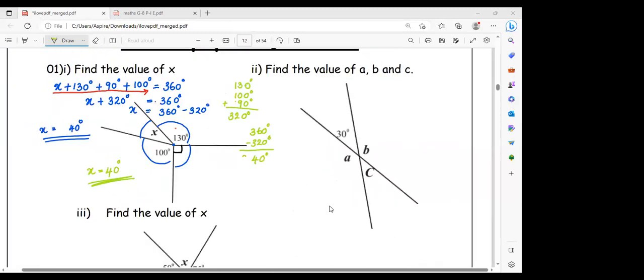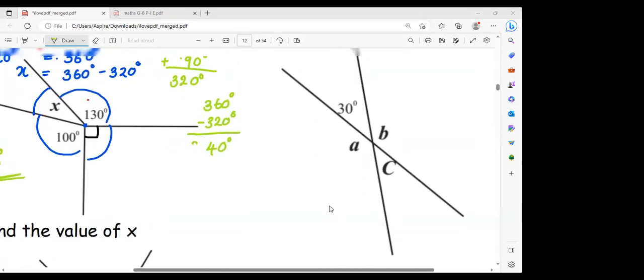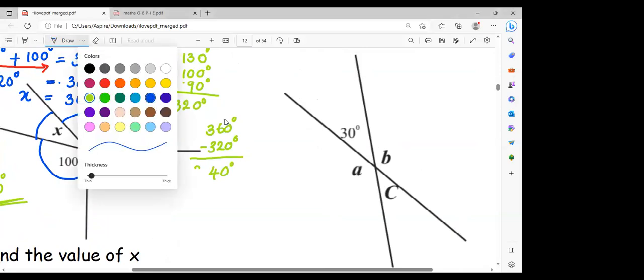So, how do we find the value of C? We can take the help of which relationship? Vertically opposite angles. Very good.